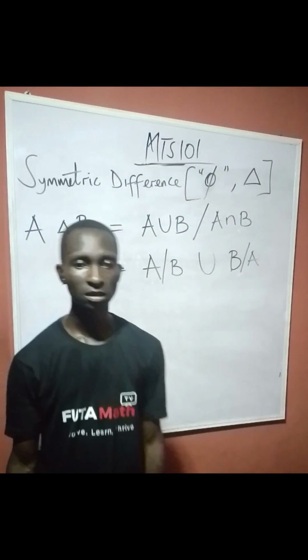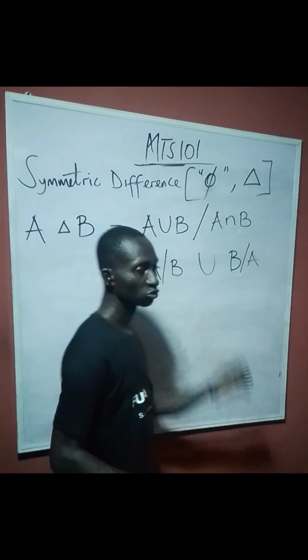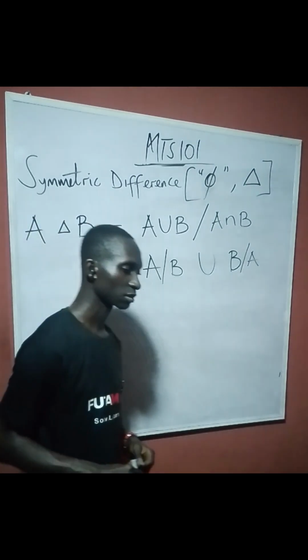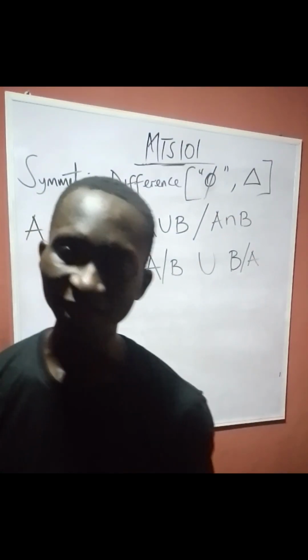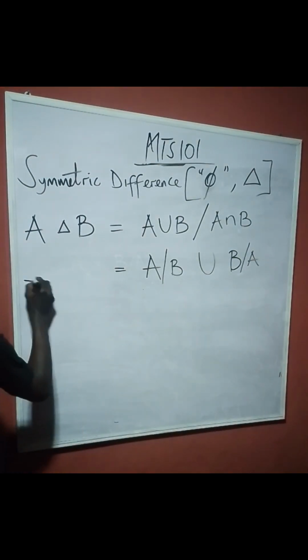B difference A. So now let's try this. Let's have an example to try what we have on the board. I'm going to use both formulas and see if our results are the same. Example.